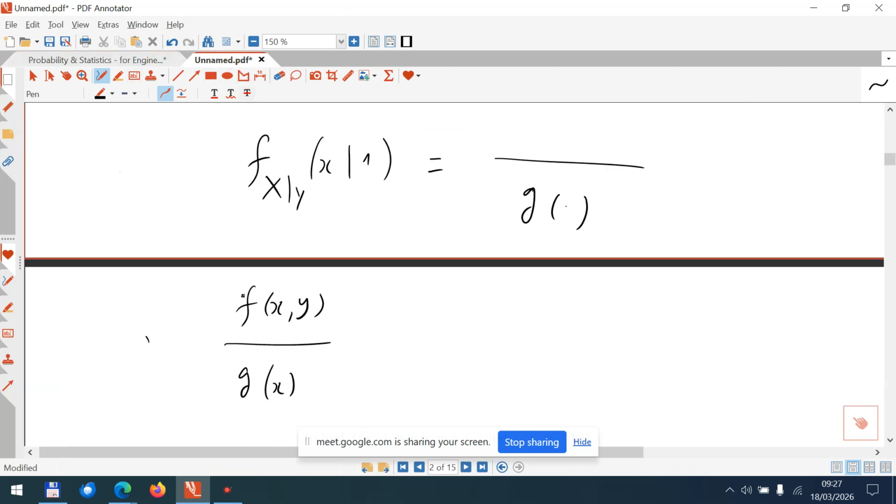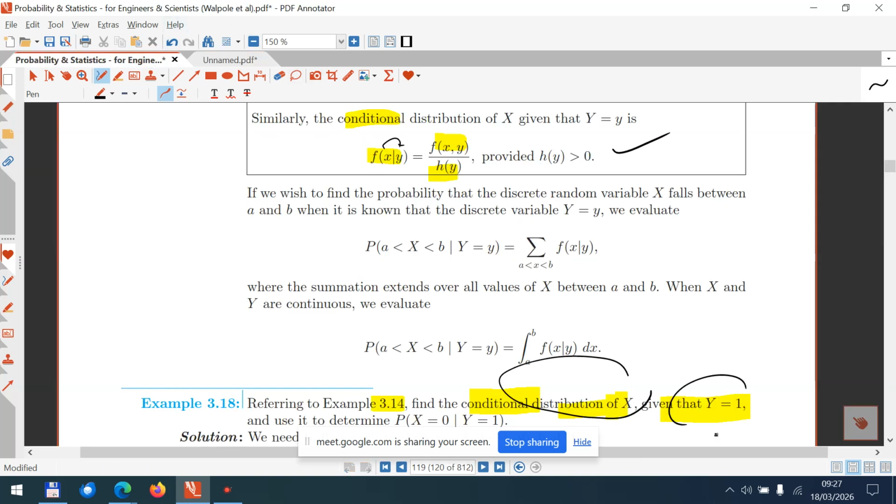So there it will be x given y. And it means that here it will not be g, but it will be h, because h is the distribution of y. That is why I also like to write f_Y, so that you know that the denominator has the marginal distribution of y. But y here is fixed to 1, right? The question says y equals 1.